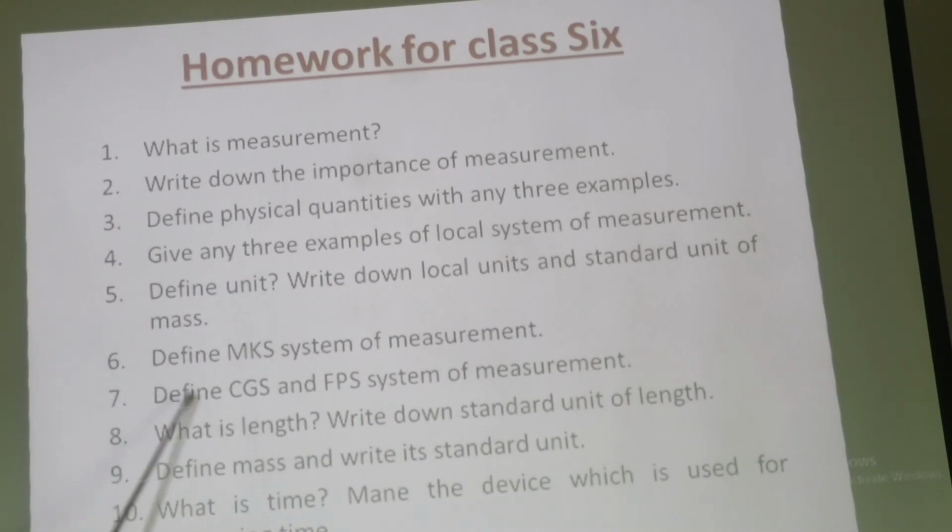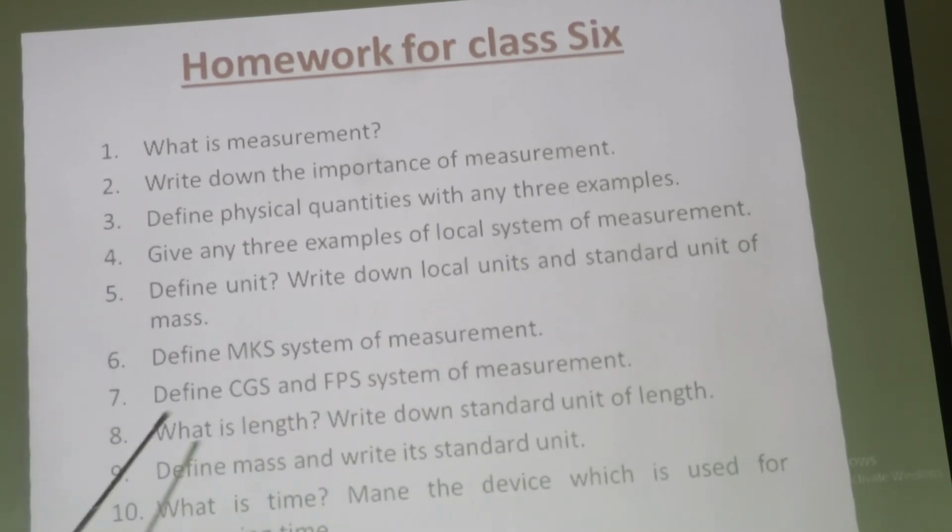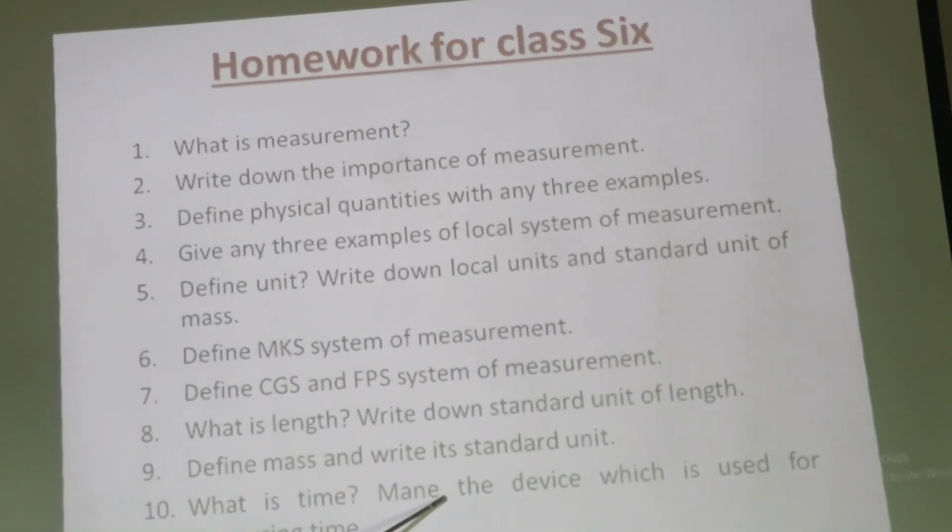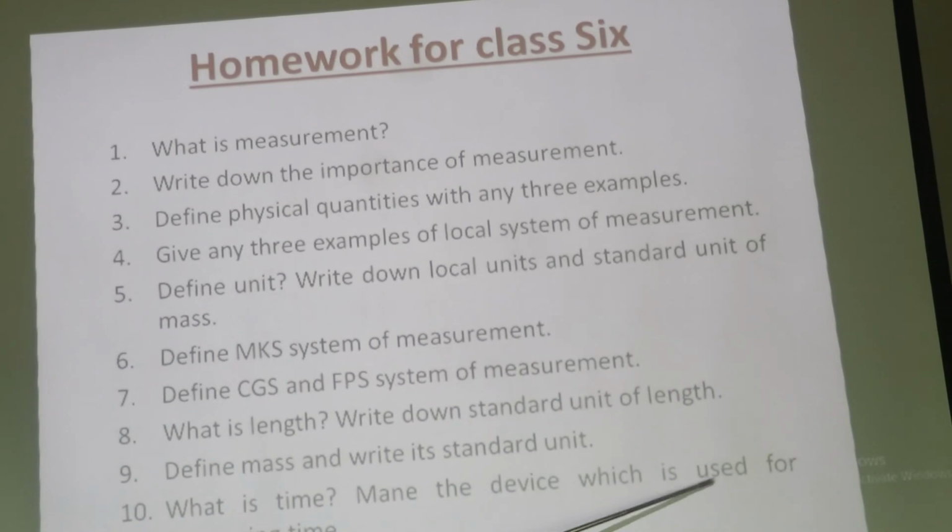Number 7, define the CGS and FPS systems of measurement. Number 8, what is length? Write down the standard unit of length. Number 9, define mass and write its standard unit. Number 10, what is time? Name the device which is used for measuring time.